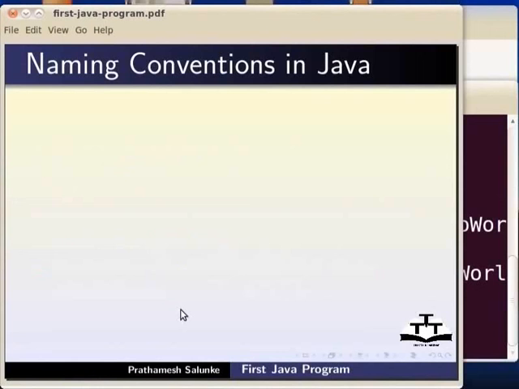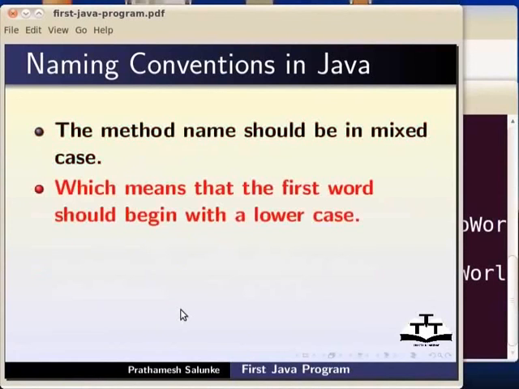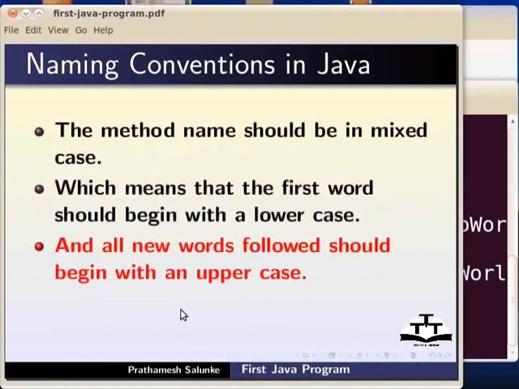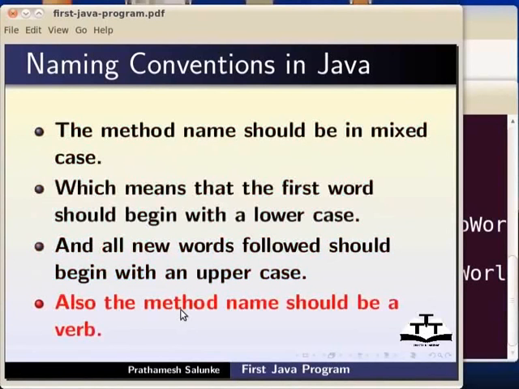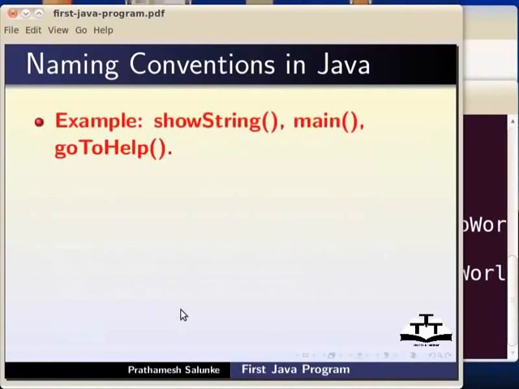The method name should be in mixed case, which means that the first word should begin with a lowercase and all new words followed should begin with an uppercase. Also, the method name should be a verb. For example, showString, main, go, to, help. Here S of show is in lowercase while S of String is in uppercase.